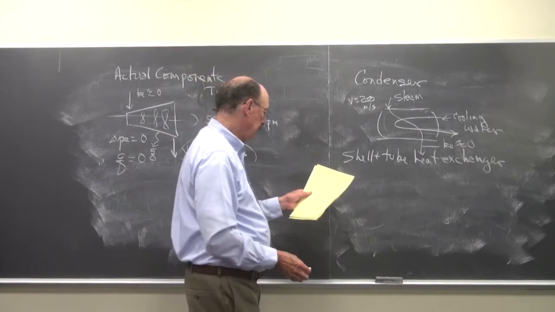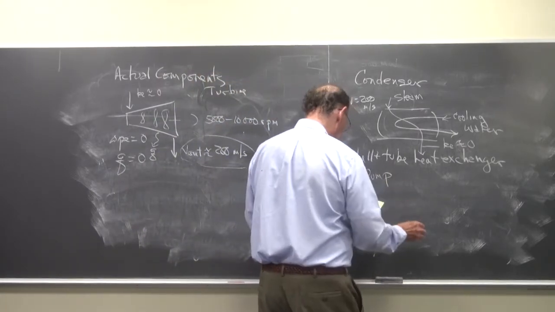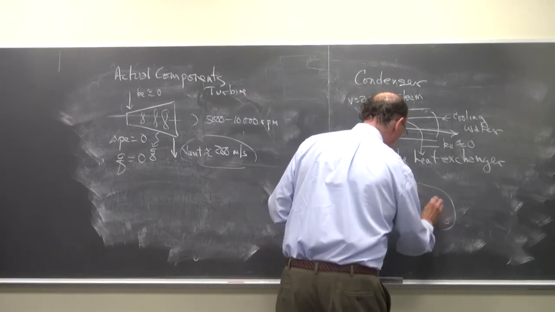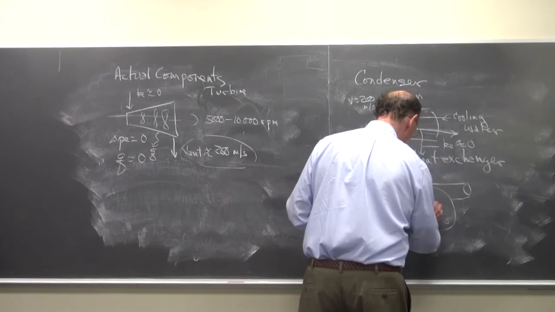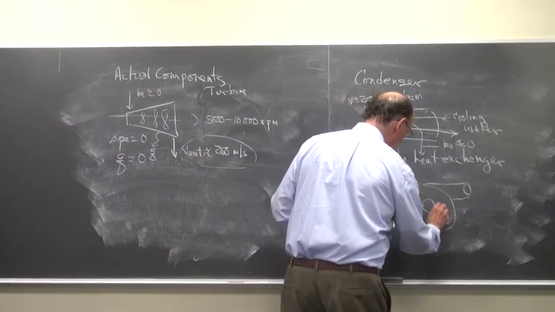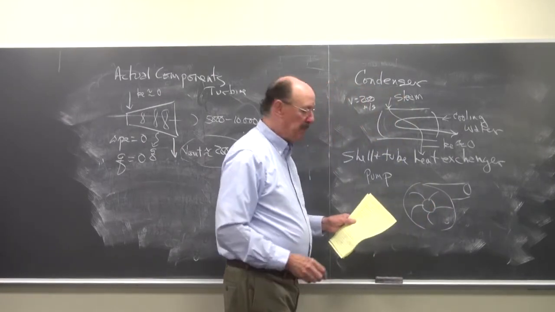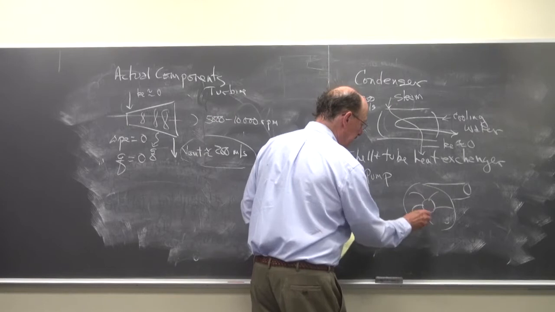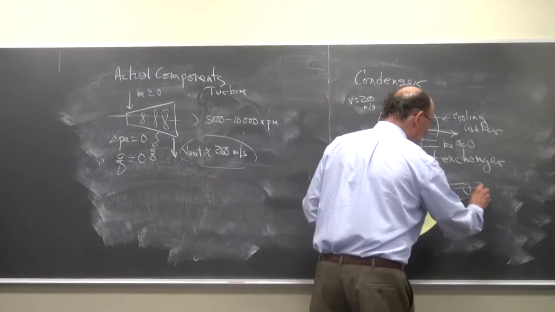Now let's look at the pump. So if I look at a pump, you've looked at a pump, so the inlet velocity comes in here, so this is where the water comes in, it spins around, and it goes out here.